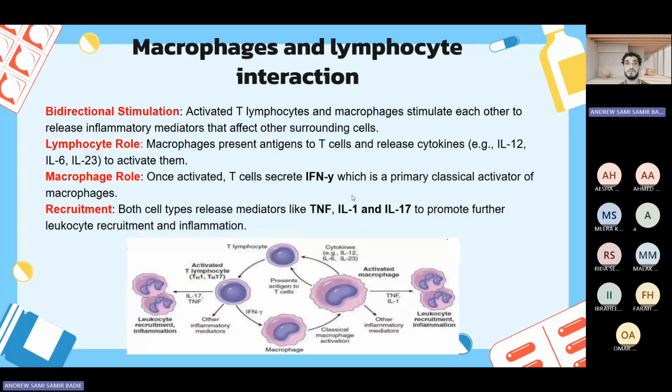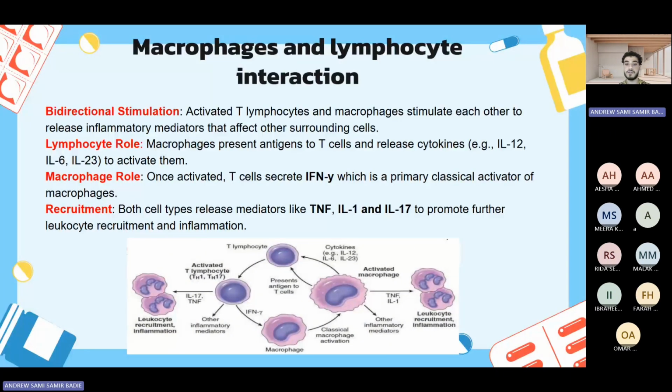Again, the two important cells in chronic inflammation are macrophages and lymphocytes. This is opposite to acute inflammation, where we said neutrophils are the most important. Here it's macrophages, most importantly, and also lymphocytes. They work together to activate this inflammation. Macrophages are antigen presenting cells, if you guys remember.